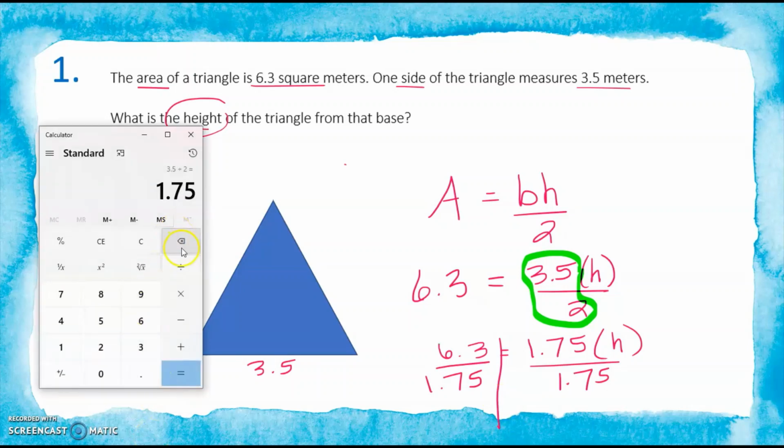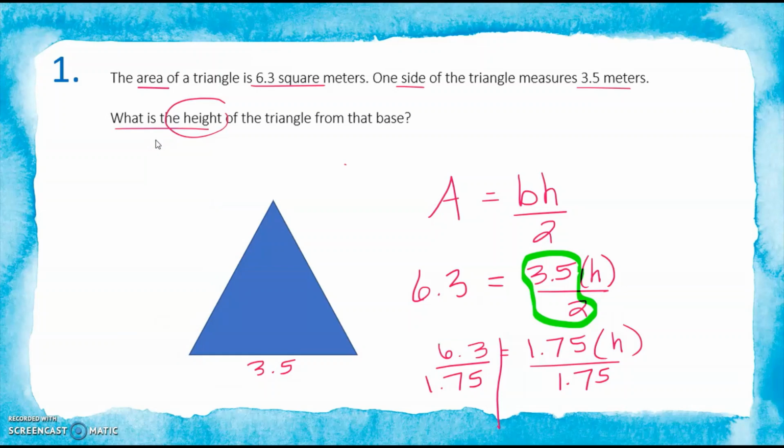So 6.3 divided by 1.75 gives me the height of 3.6. So there is our answer. Make sure that you have your question, your work, and your answer. And when you're ready, we will go to number 2. So pause if you need to.